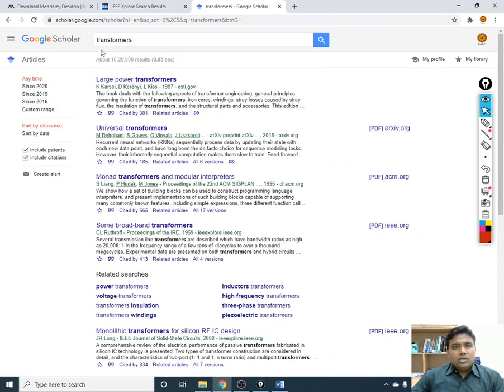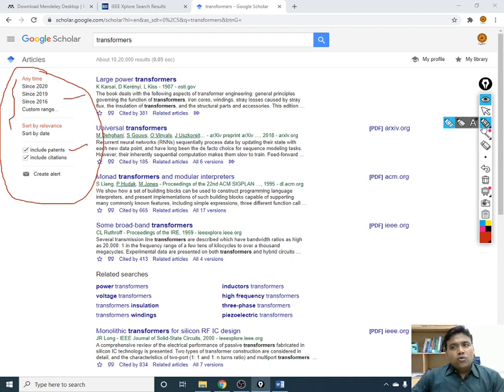Here also, you should be very specific, and there are a lot of search options, which include patents as well as the time range. So after you make certain changes in this, you can find more papers in your particular field. Now this is how you can choose a particular topic for doing your research.